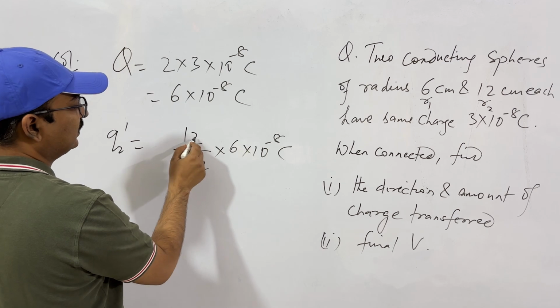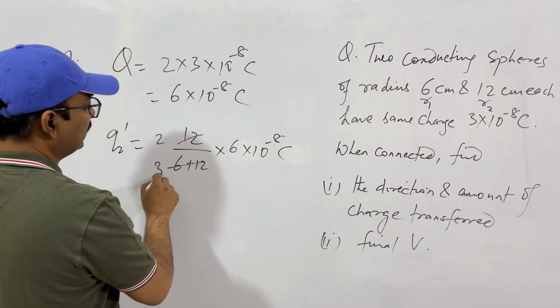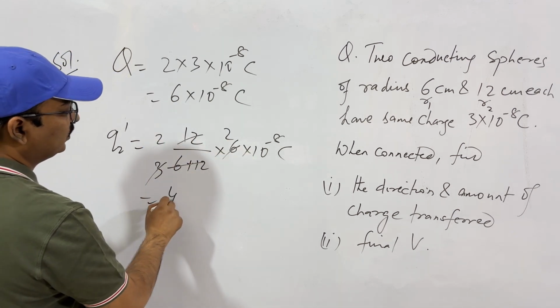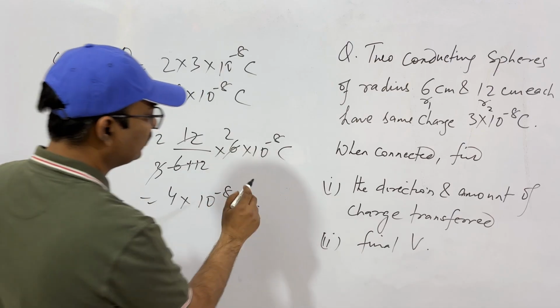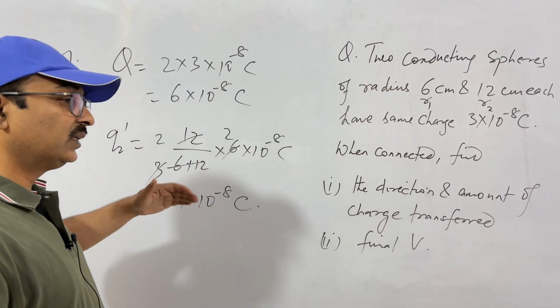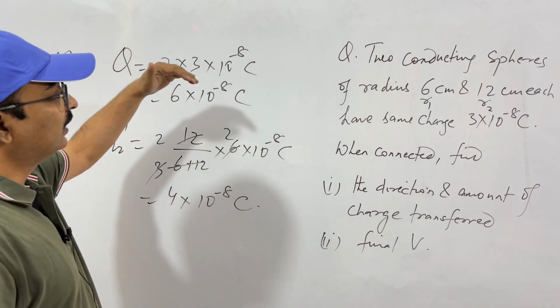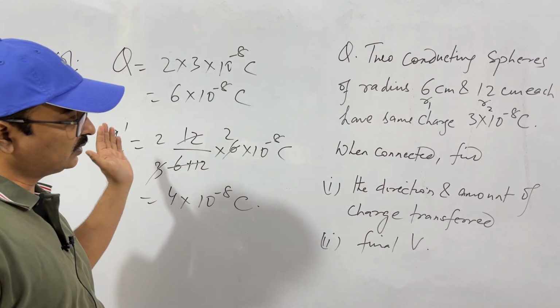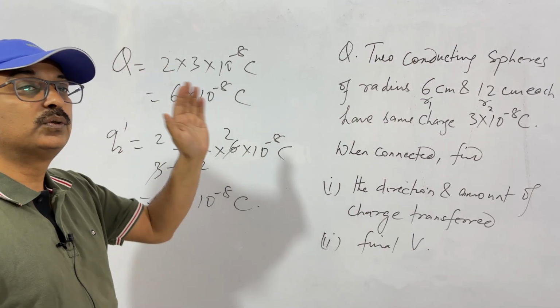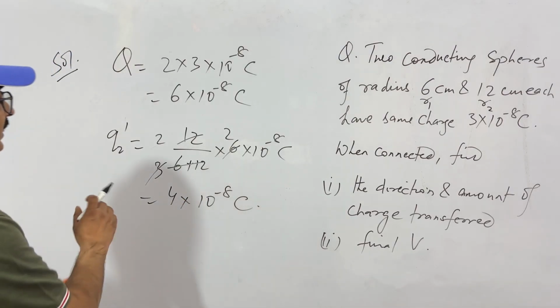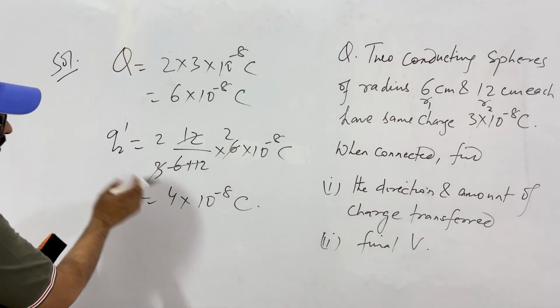So this is 18, this is 12, so 6 to 3, 2, this is 4 into 10 to the power minus 8. From conservation of charge we concluded that since the charge on the first ball has dropped from 3 to 2, obviously the charge on the second ball will rise from 3 to 4. That is true. Now direction, obviously Q1, that is first ball to second ball.